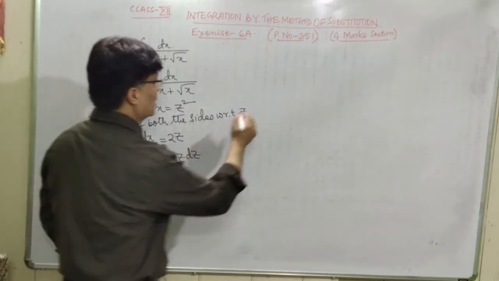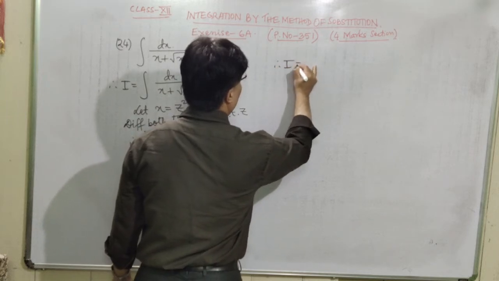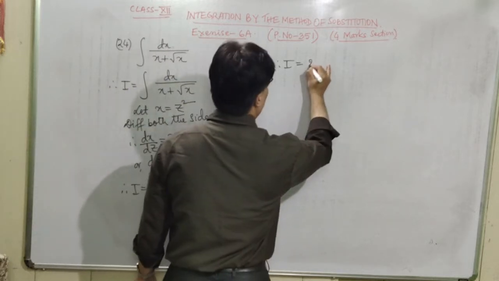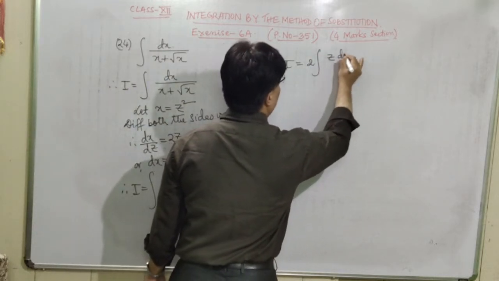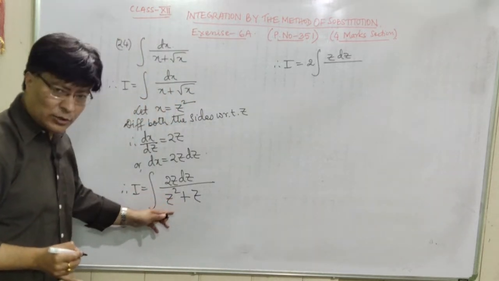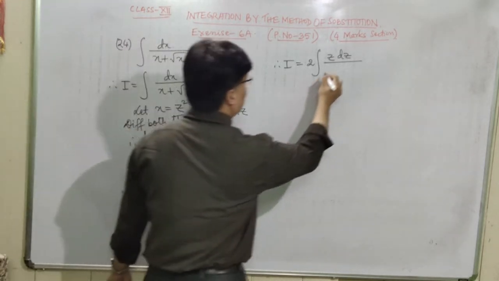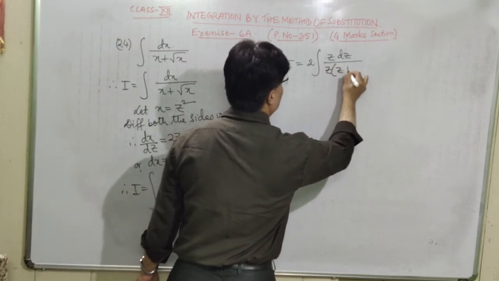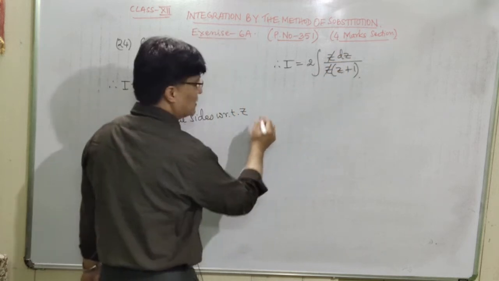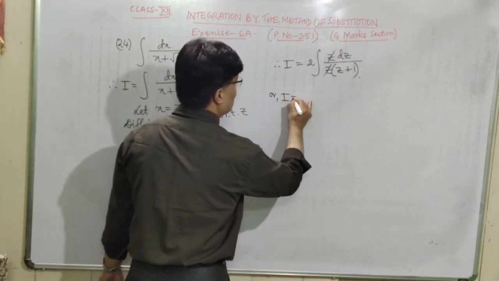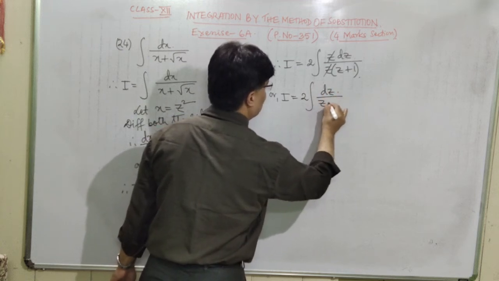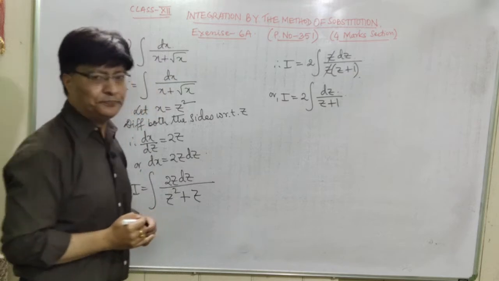So I is equal to, the constant 2 you can take outside, 2 integral of dz divided by, in the denominator, z is common, so z within bracket z plus 1. Is that clear? So here you can cancel this z. So I is equal to 2 integral dz divided by z plus 1.